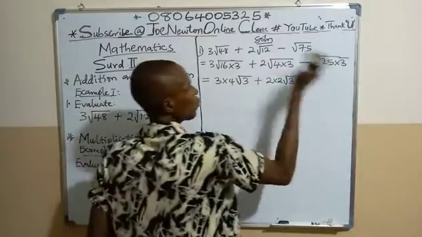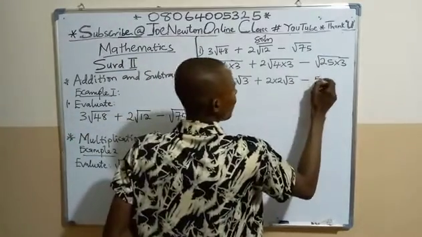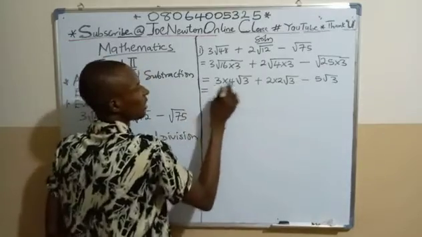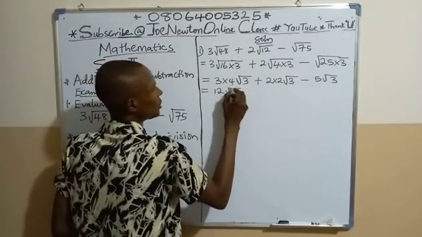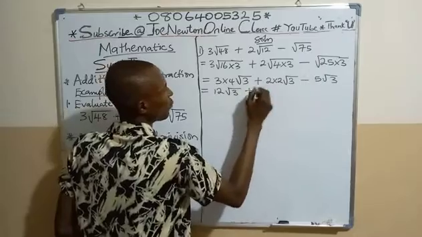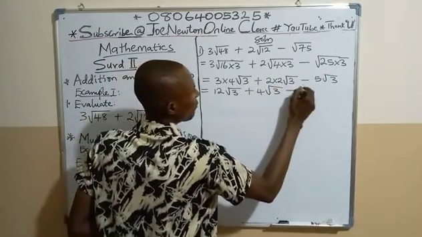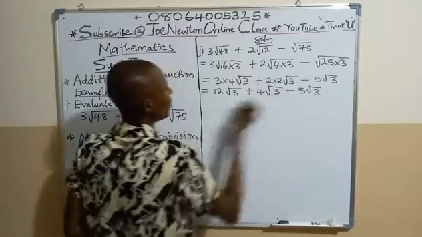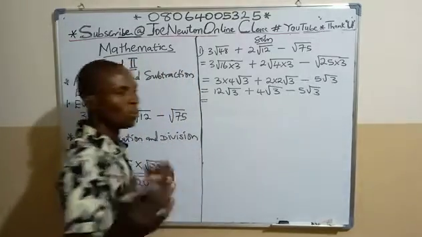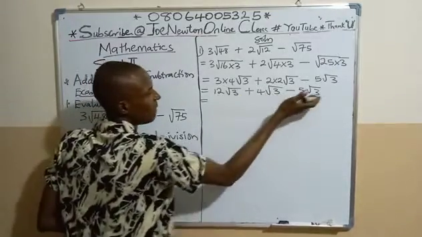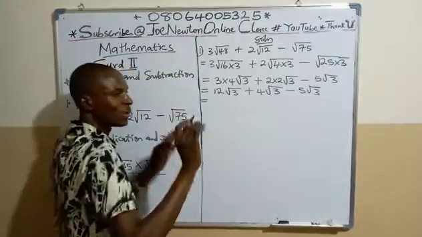Minus, here, square root of 25 is 5, 5 root 3. Then now will give us 3 times 4 is 12, root 3, plus 2 times 2 is 4, root 3, minus 5 root 3. Simple. Because they are similar surds, they have the same irrational parts, the same base, you can now add or subtract.